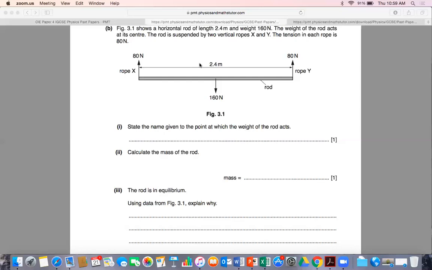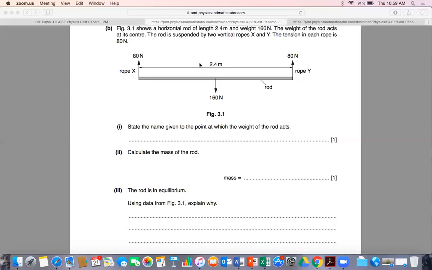What is the distance from the pivot to rope X? 2.4 divided by 2, correct. Because 160 is at the center, so half of it is 1.2.